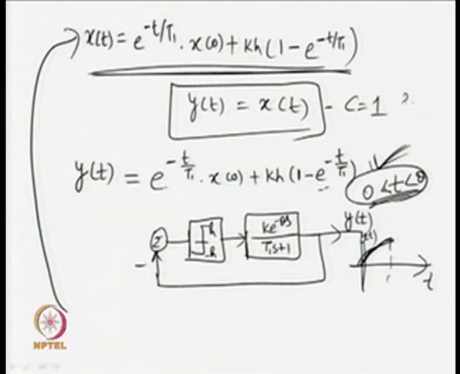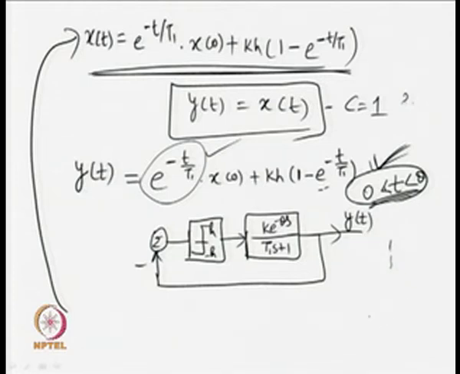Suppose this is your θ, then the first order system will definitely result in some exponential output. Why do I call this exponential output? Because if I carefully observe, there are exponential terms here. So, in spite of the constants in the expression, due to the presence of the exponential, the output will take the shape of an exponential curve.